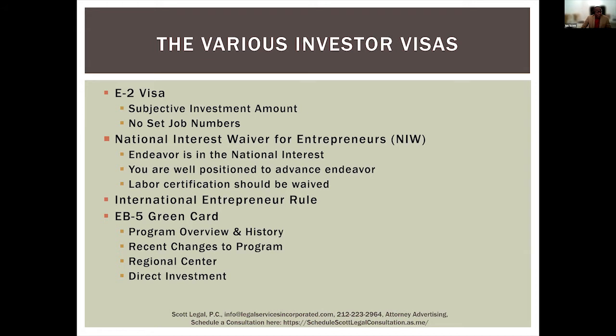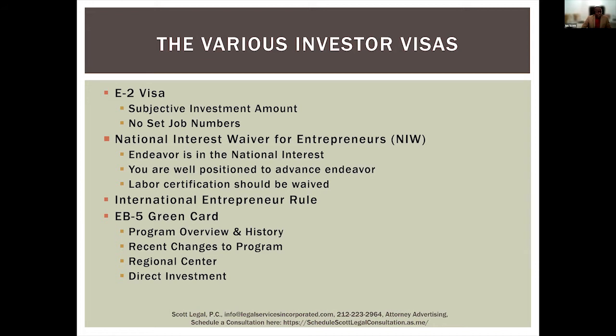Another type of investor visa that's quite popular, especially since 2017, is a green card, and this is under the national interest waiver category. There are 3 requirements that are listed here that have to be met to qualify under the national interest waiver category.